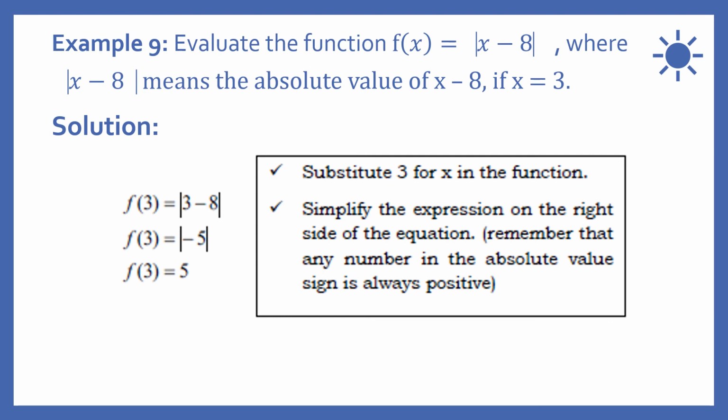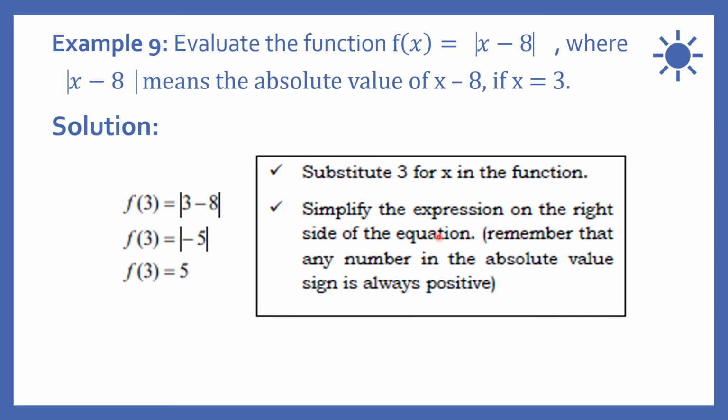Kahit na negative 5 yung nakuha nating value dito, no? Pag sinubtract nyo to, ang value niyan ay negative 5. Pag tinanggal natin yung absolute value symbol, ito ay magiging positive. Laging positive po ang value ng absolute values pag tinanggal yung absolute value symbol. Substitute 3 for x in the function.